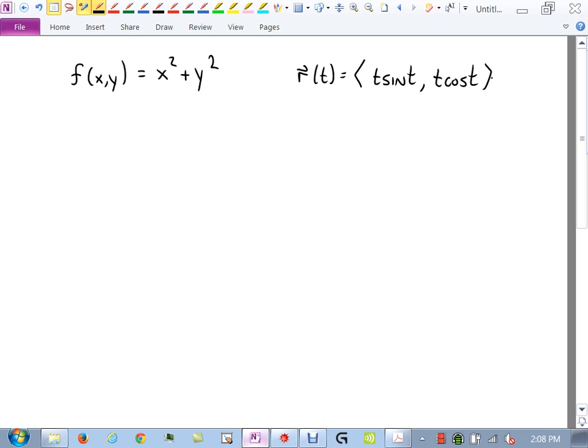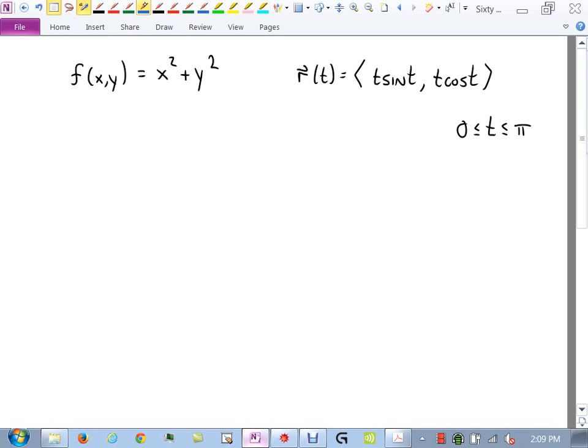It's like a spiral, because the t out in front of the sine and cosine is like the radius. The radius starts out at 0 and then gets bigger. So as you draw the circle, the radius increases, so it looks like a spiral. It's okay, I don't think I need a picture.